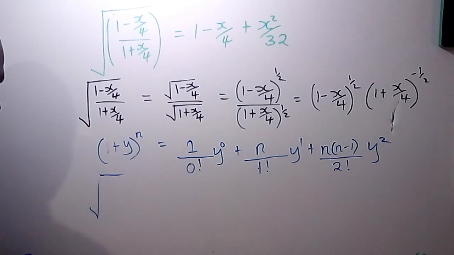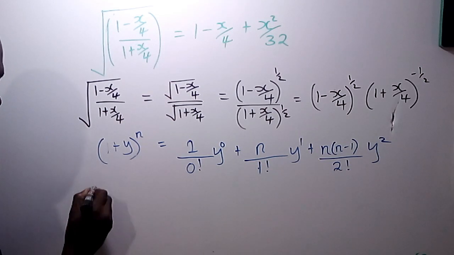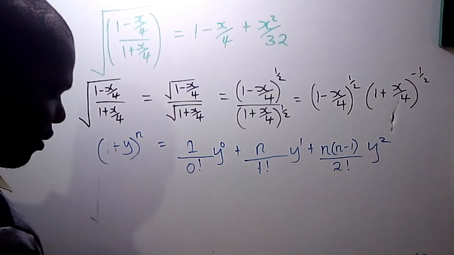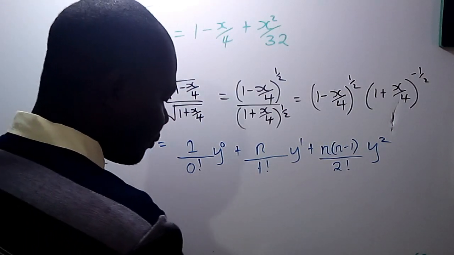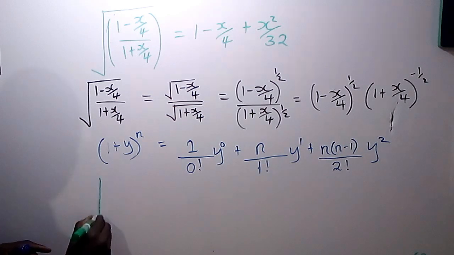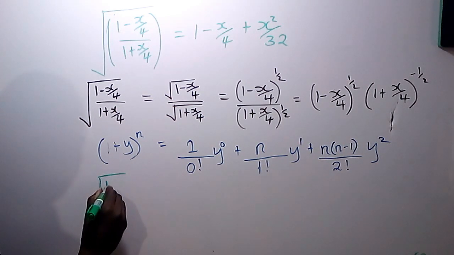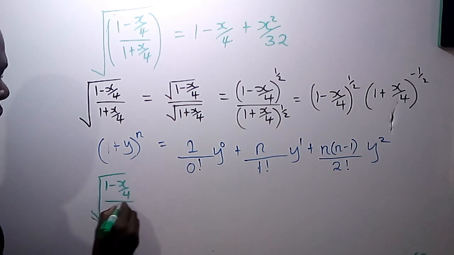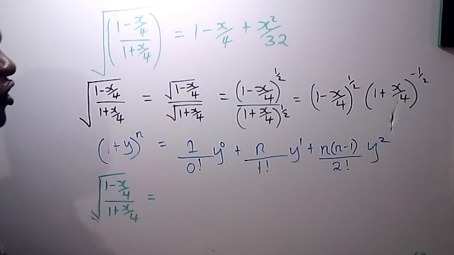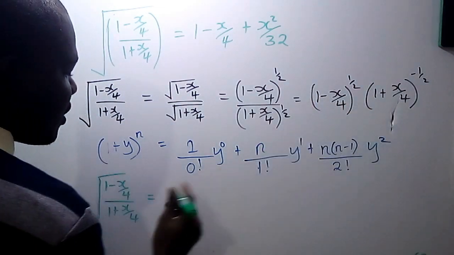So what we have from our function now is the square root of 1 minus x over 4 over 1 plus x over 4. You expand this first function.